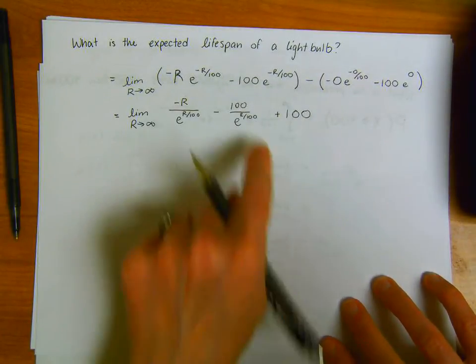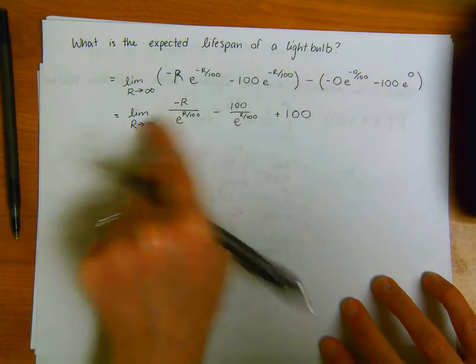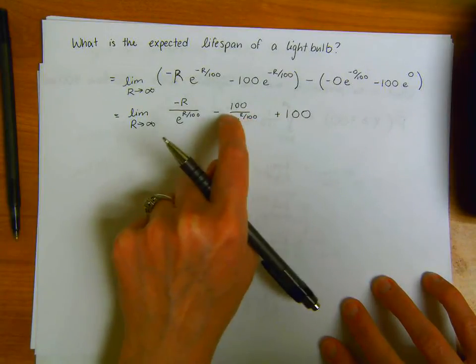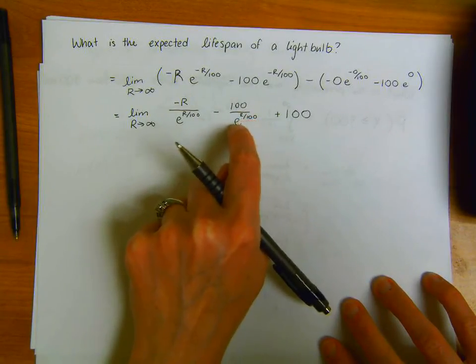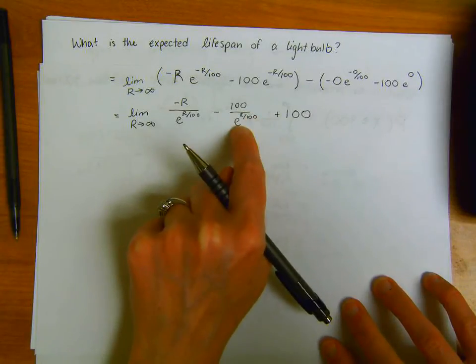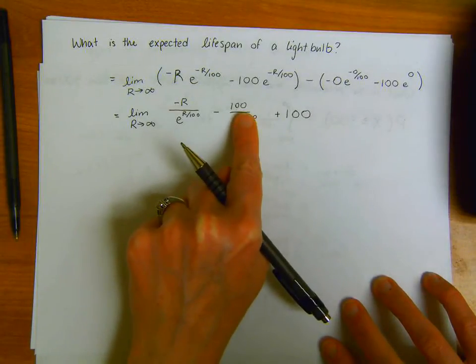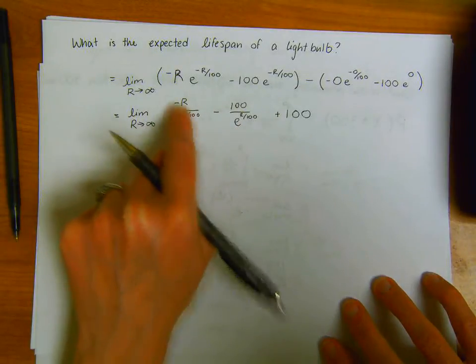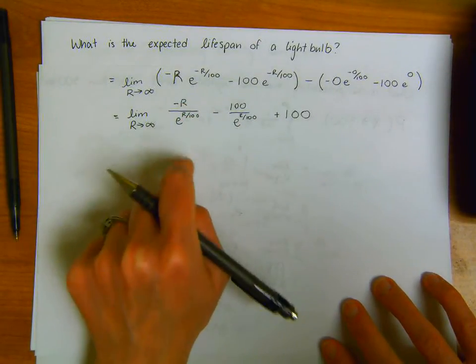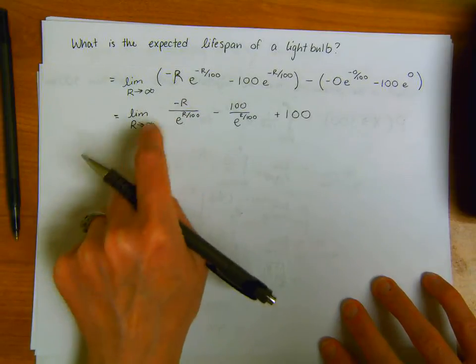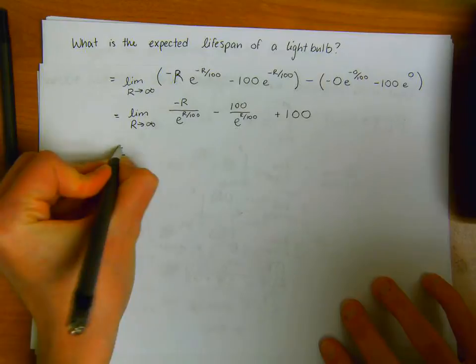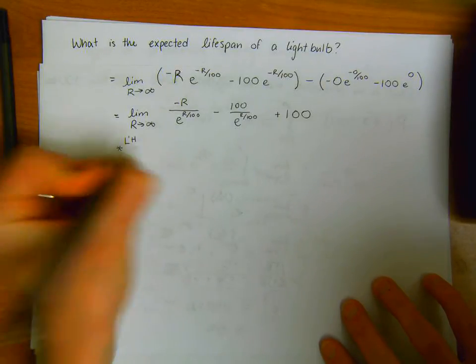So to evaluate this limit is easy. As r goes off into infinity, this numerator becomes infinite in the exponent, and so the denominator goes off to infinity, which means that this term goes to 0. This one I'm actually going to use L'Hopital's rule to evaluate because both of these go off to infinity when I plug in infinity. So I'm going to write star L'Hopital's rule.